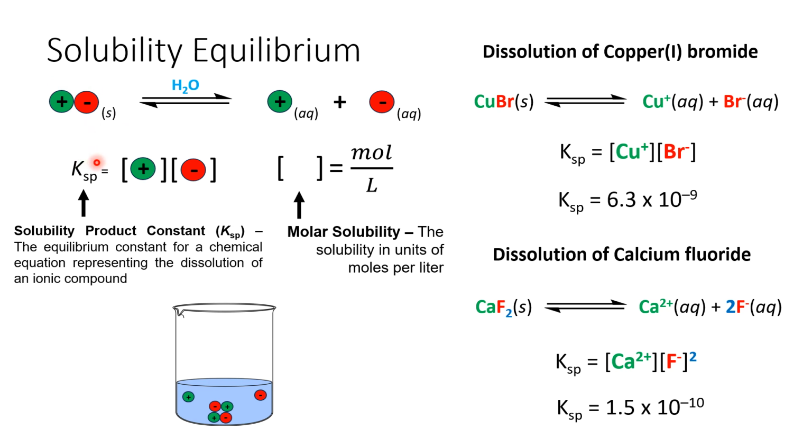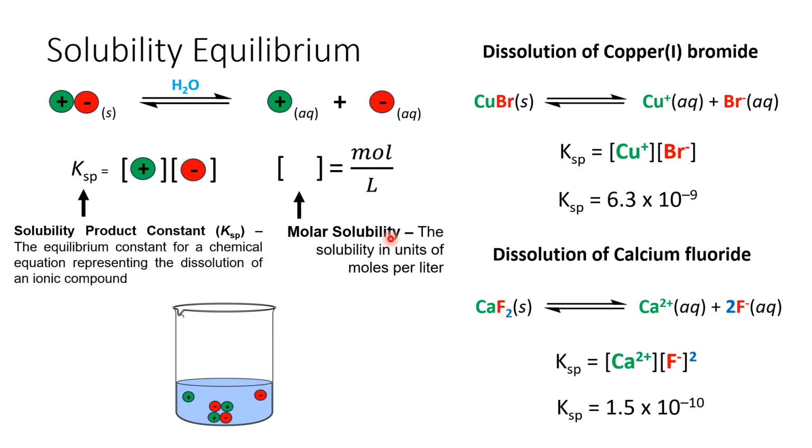So the KSP, the solubility product constant, is equal to the concentration of your positive ion times the concentration of your negative ion. And you guys remember that anything in brackets means moles over liter. It's just molarity. But in this particular case, when we're talking about brackets describing the dissolution of an ionic compound, these brackets really mean molar solubility.